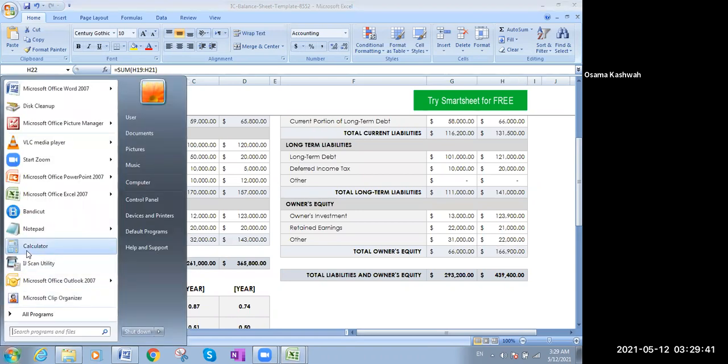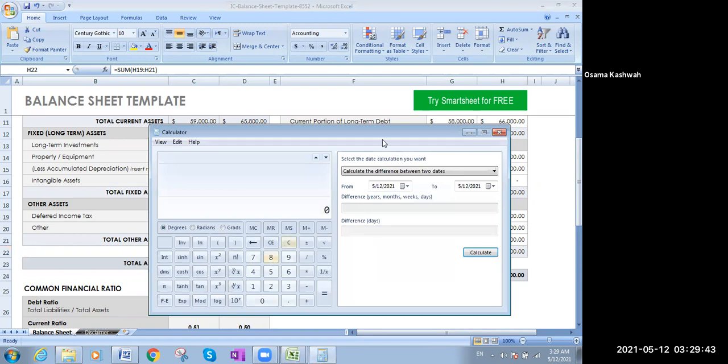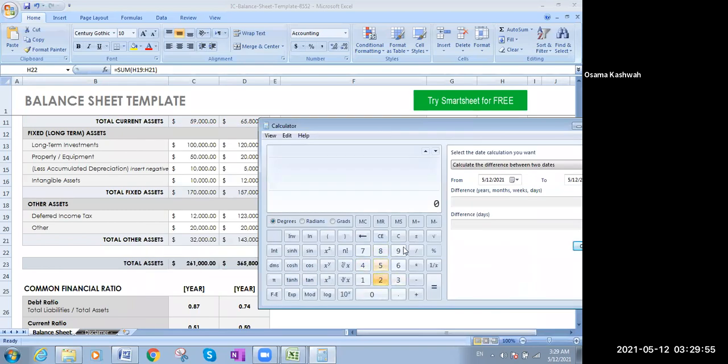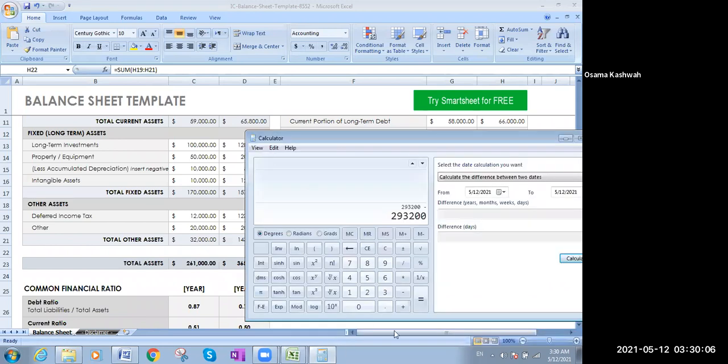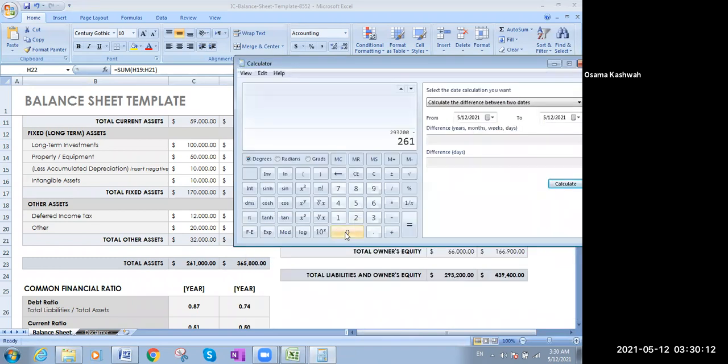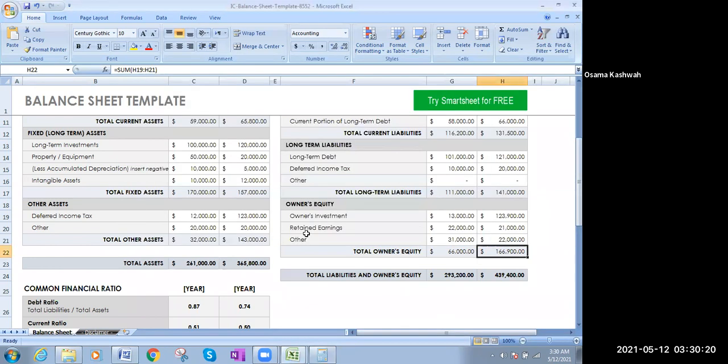If we calculate the gap between them, 293,200 minus 261,000 equals 32,200. That is the gap, 32,200.